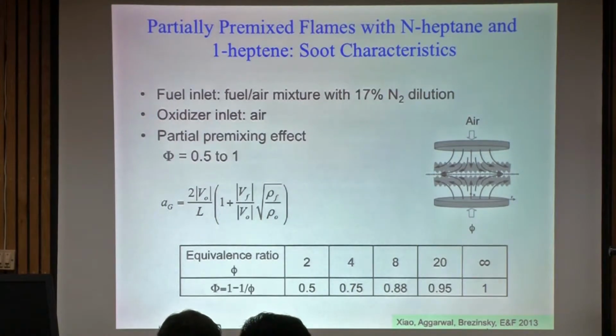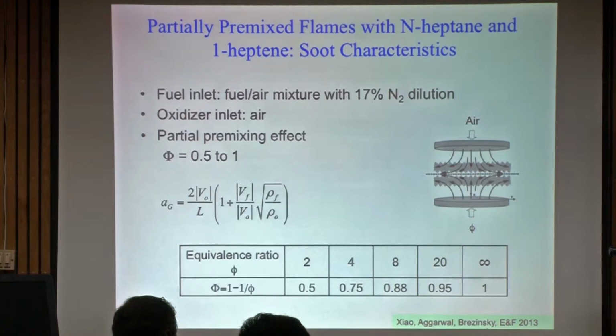Now I'll show some results, first for the counterflow calculation, and then for the Sandia reactor calculation. Here the student was doing this partially premixed flame with two reaction zones.